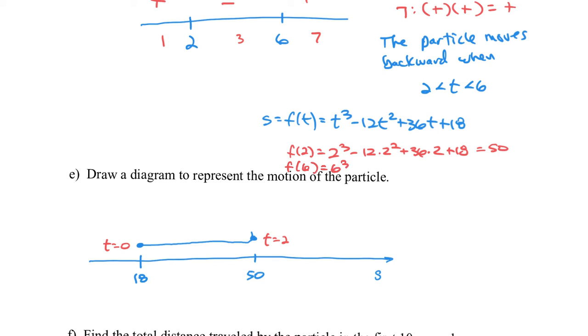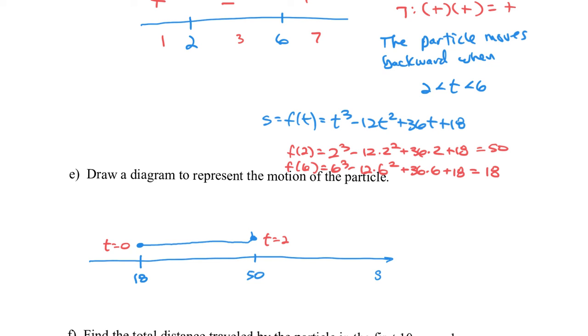That's going to be 6 cubed minus 12 times 6 squared plus 36 times 6 plus 18. And if you do that math, we get back to 18 again. Now this doesn't have to be the case. It doesn't have to be that we get back right here, right at 18 again. This problem we just happen to.